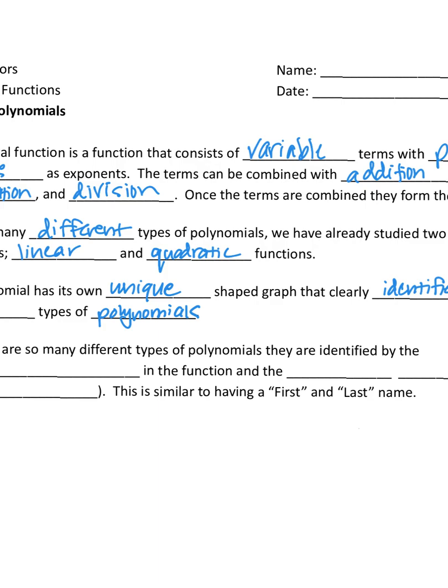Since there are so many different types of polynomials, they are identified by the largest exponent in the function and the number of terms.